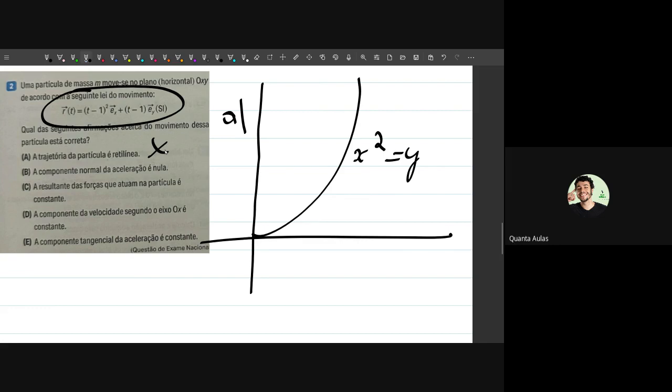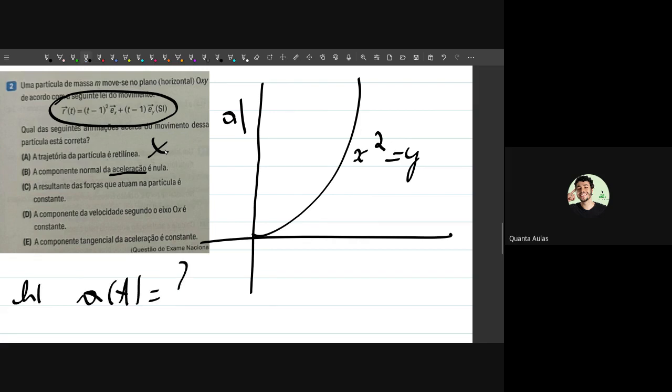So do you know how to get an acceleration equation from this equation? How can I get the acceleration equation? Do you know? Do you have some idea?